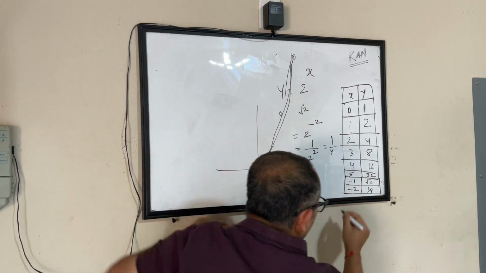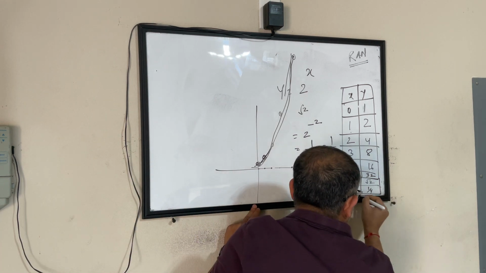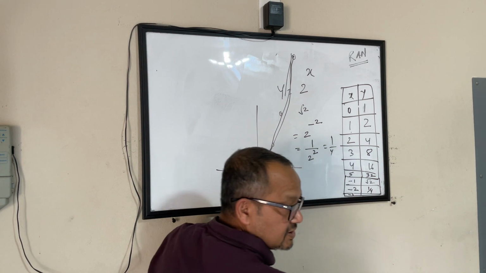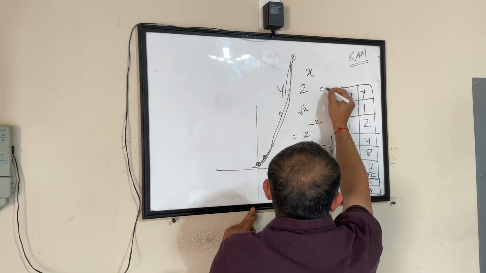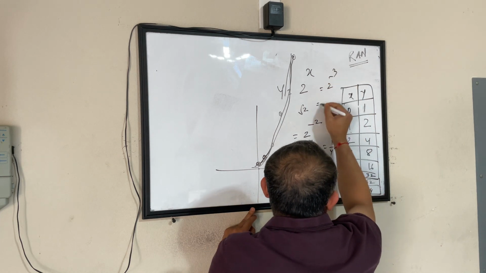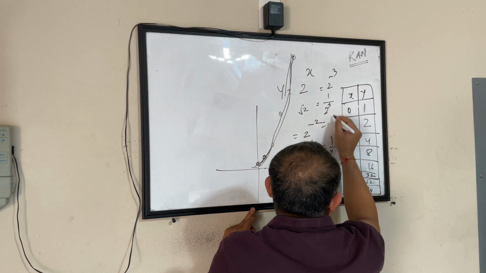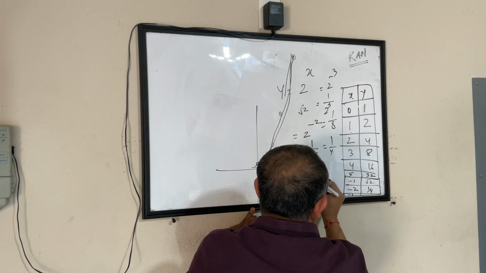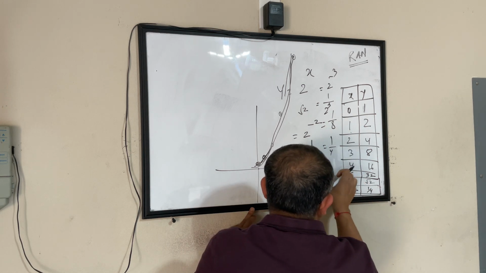Now I will play with this a little bit more. When I put minus 3, what happens? 2 to the power minus 3 becomes 1 by 2 cubed, or 1 by 8, or 0.125.